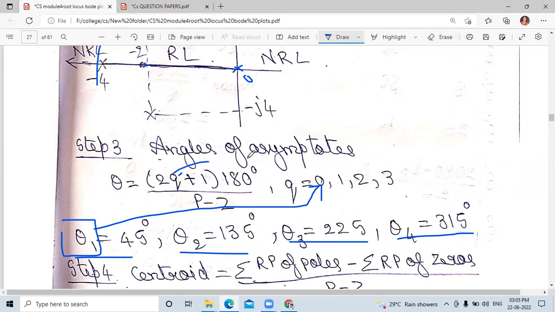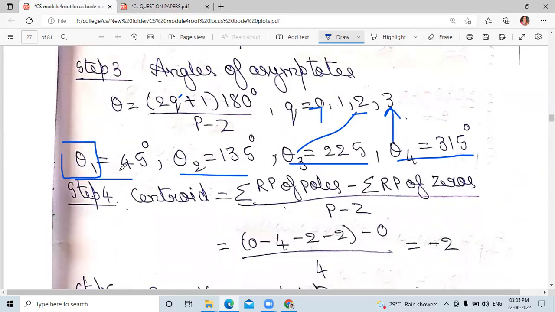Next, you need to substitute 2 for theta 3. And for theta 4, q equals 3. So you will get the angles 45, 135, 225 and 315. P minus Z value is 4.